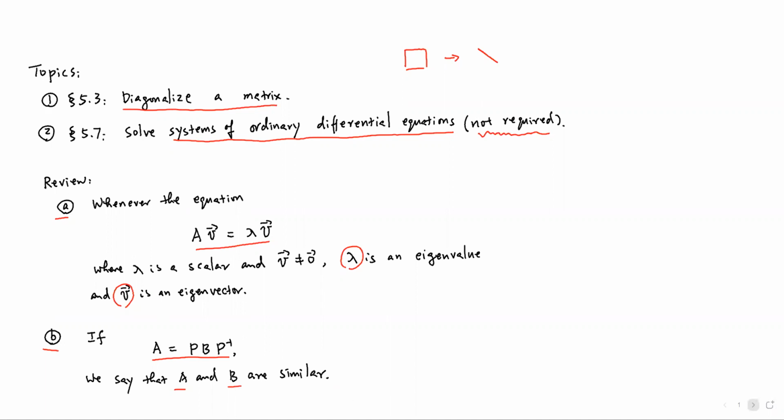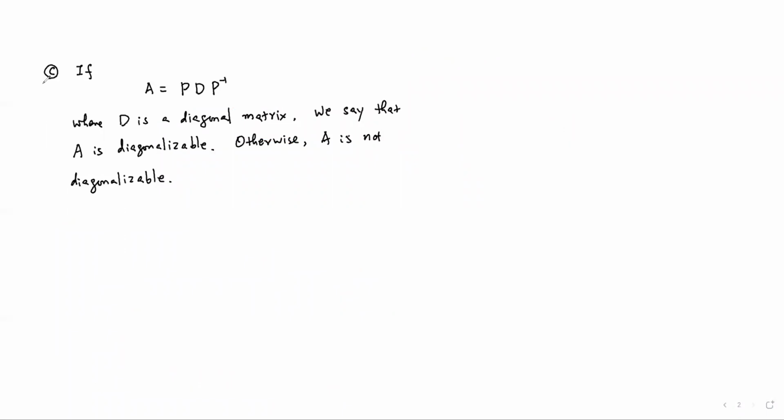Review number three. Whenever this equation is true, where D is a diagonal matrix. For example, the identity matrix is a diagonal matrix.